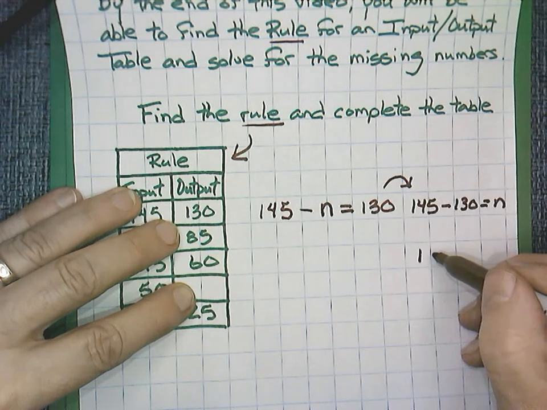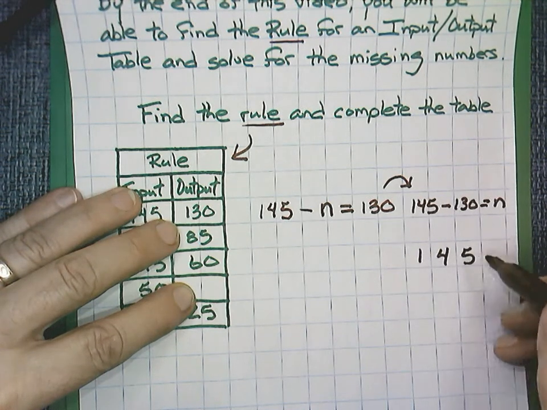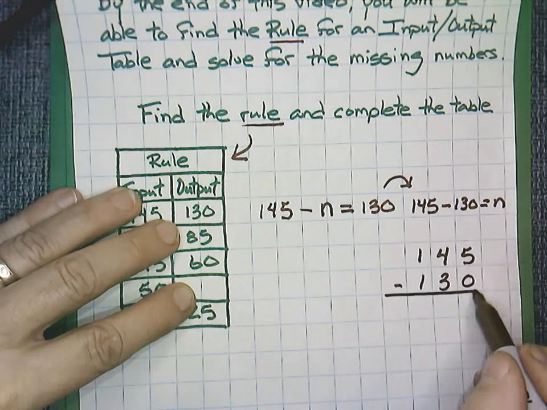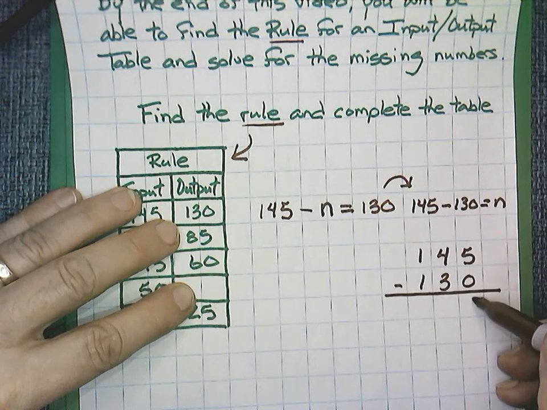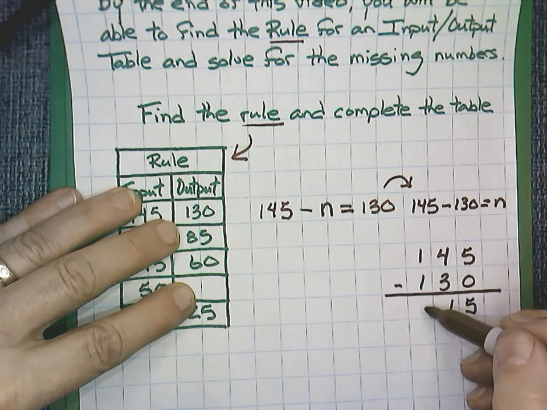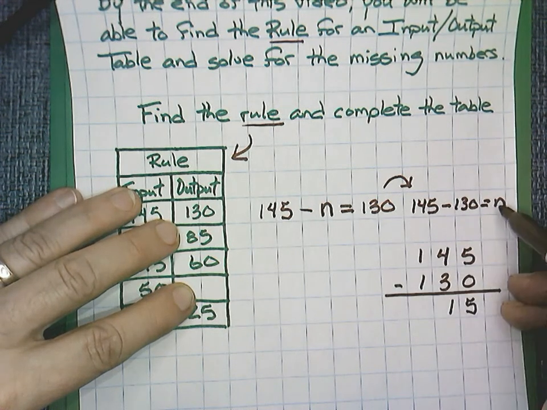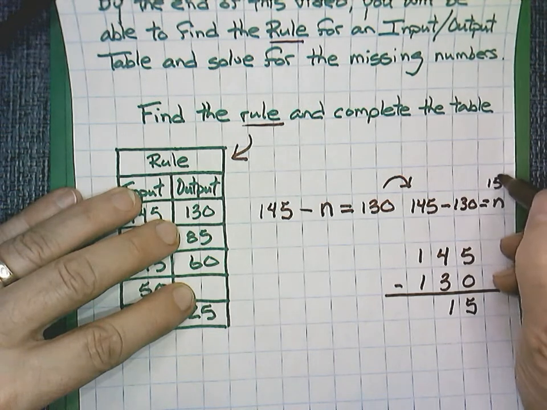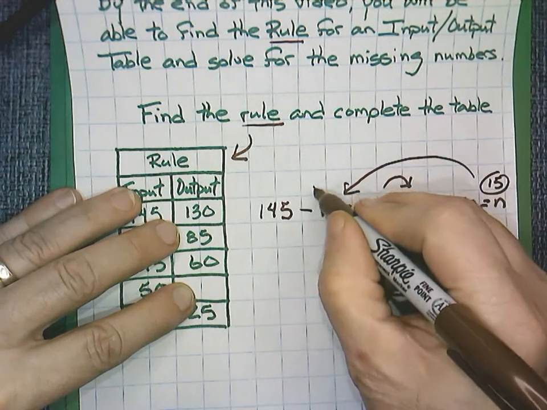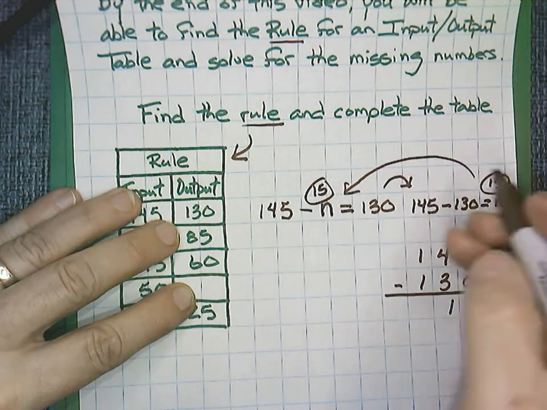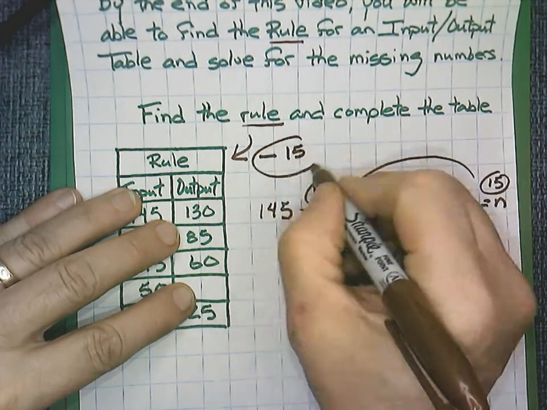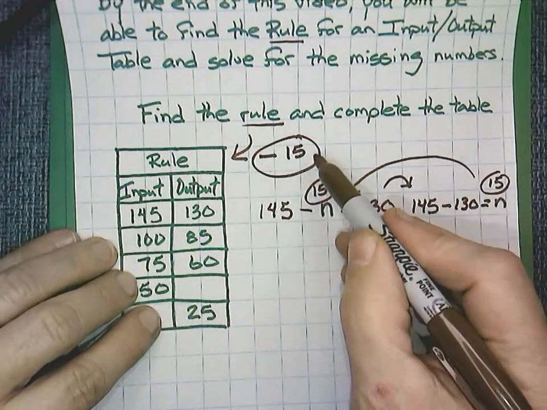I'll show that more easily if I stack our numbers. 5 minus 0 is 5. 4 take away 3 is 1, and 1 take away 1 would be nothing. So in this case, n is 15, which means that this n is 15. So our rule is more than likely a subtract 15 rule.